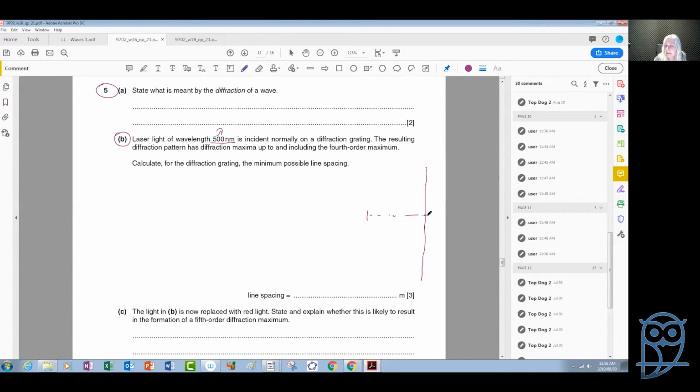The first maximum will be here in the middle, then a second one and a third one, and then a fourth one. We cannot see any other maxima. 1, 2, 3, and another one, 4. And including the fourth order maximum.